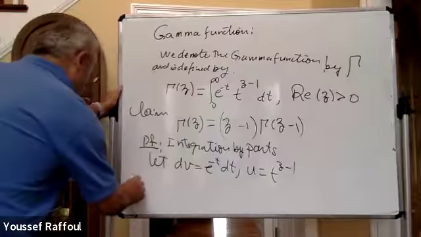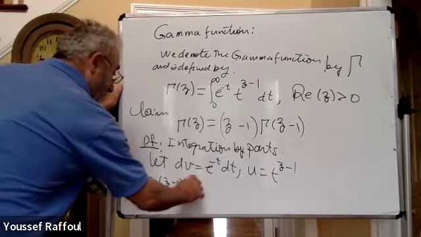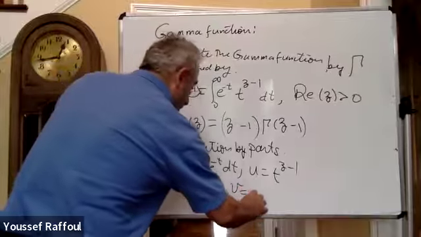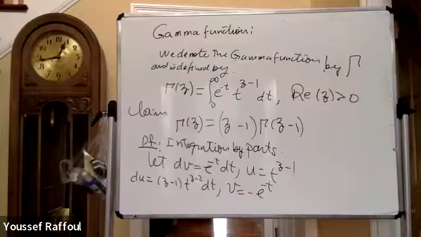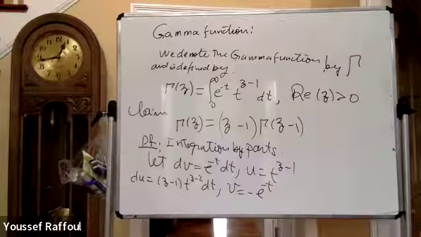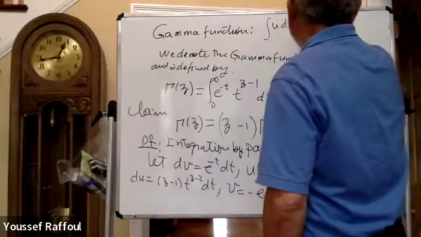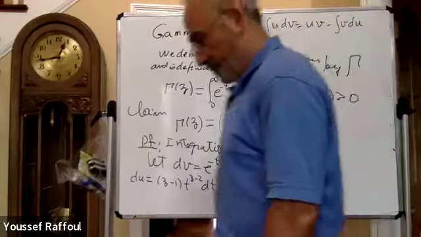Then du is z minus 1 t to the z minus 2 dt, and v is minus e to the minus t. So you integrate by parts now. You know the integration by parts formula is the integral of u dv equals uv minus the integral of v du, right?